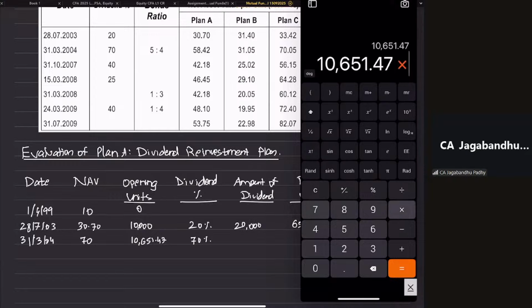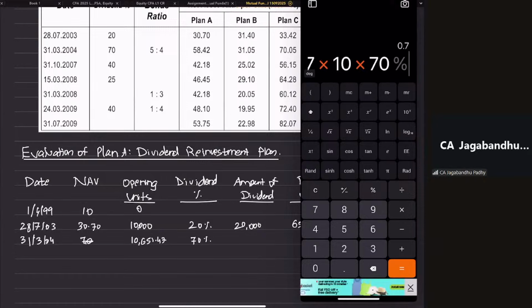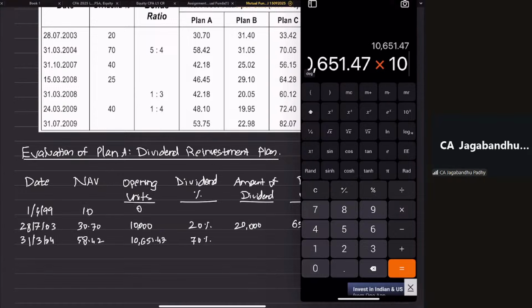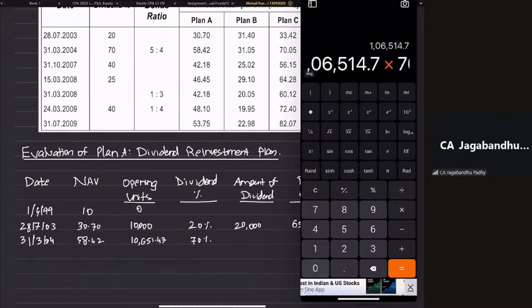It is 10,651.47 into 10, that's the face value, and on that we have 70%, which is 74,560 as the amount of dividend.